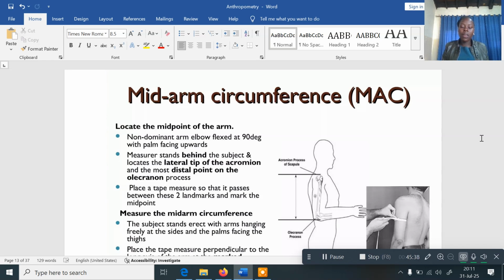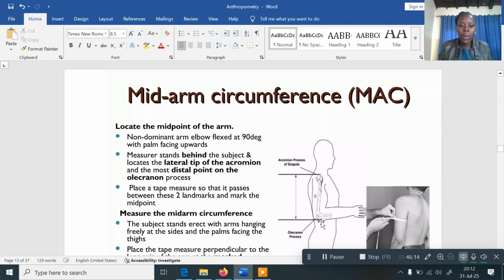Then the measurer, the person taking the mid-upper arm circumference, is supposed to stand behind or beside the subject, and locate the lateral tip of the acromion process from your anatomy. The acromion process of the scapula is up here. So you locate that point. It is where you place your tape measure. Then you make it run down to the elbow level.